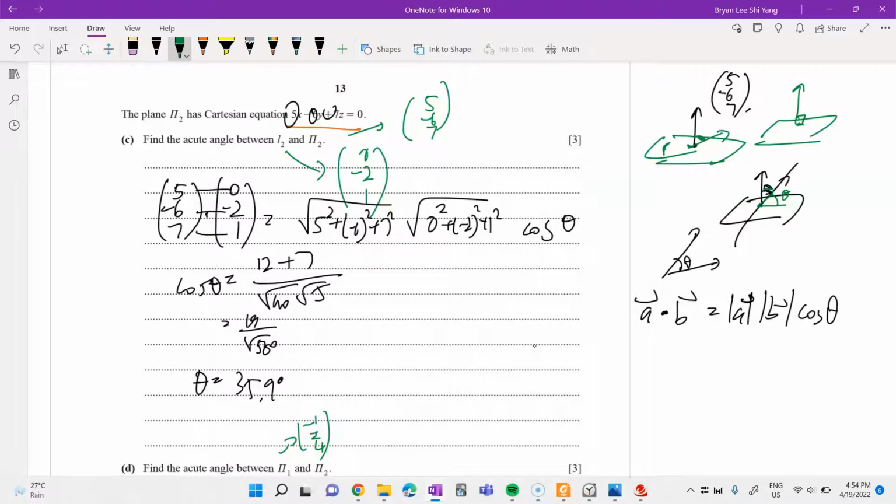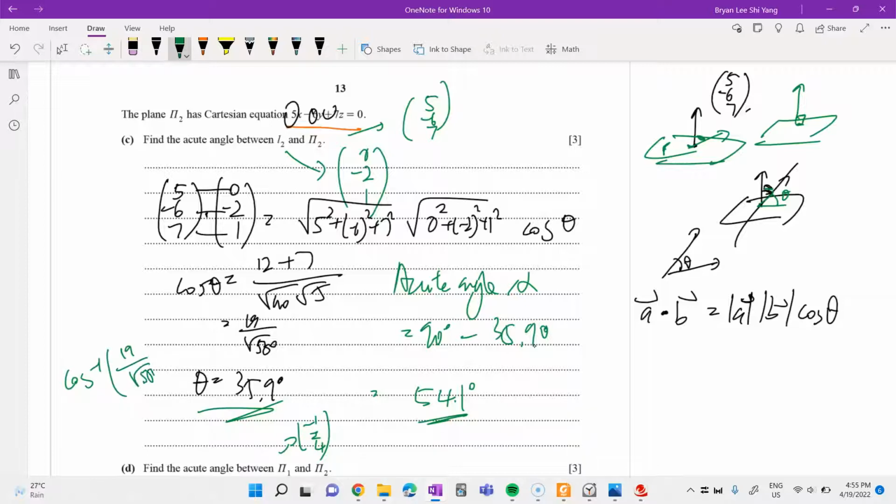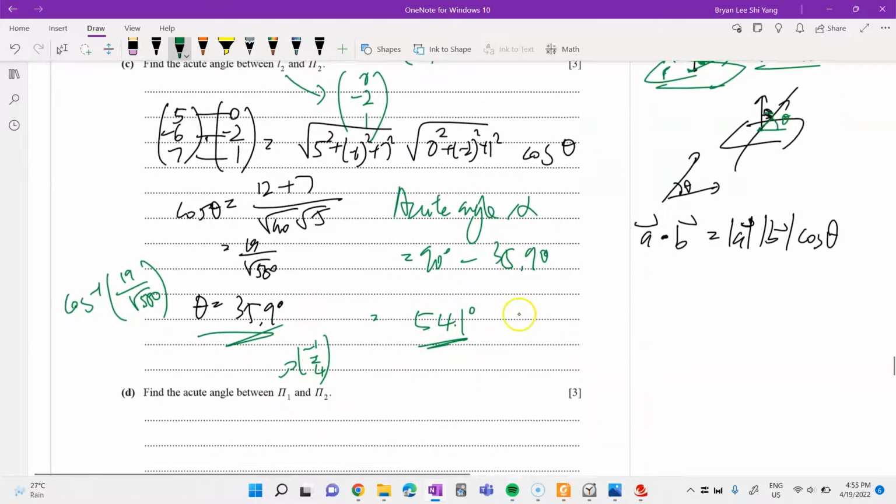So the acute angle, which I could maybe call alpha, equals 90 degrees minus 35.9 degrees, which equals 54.1 degrees. So this would be the answer to part C. And I'll tell you how I type this out: you just type cosine inverse into your calculator and get the answer.